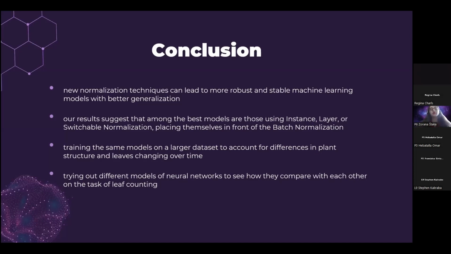The conclusion would be that new normalization techniques can lead to more robust and stable machine learning models that show better generalization. And maybe the greatest contribution of this paper would be to open people to using different normalization techniques, and just keep in mind, okay, I'm not going to use batch normalization or layer or instance normalization by default in some neural network, but try it out, to add one more variable in the architecture and design of a neural network.